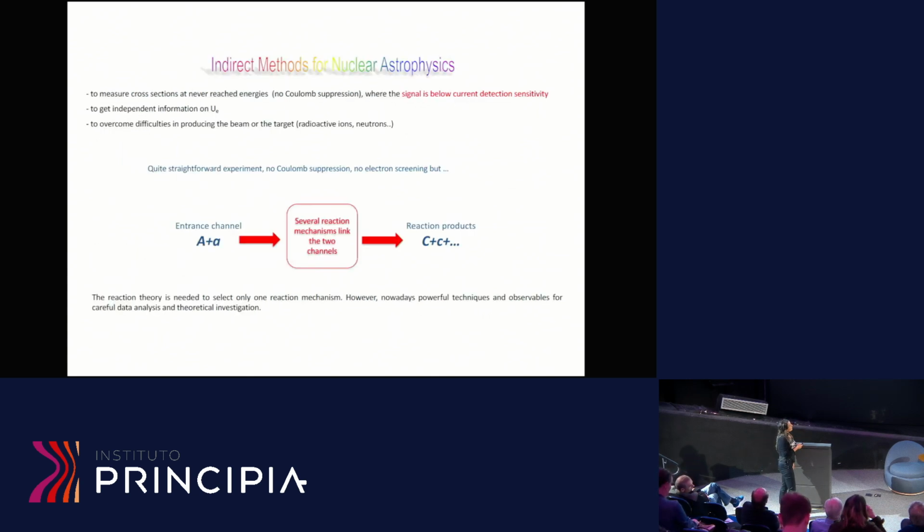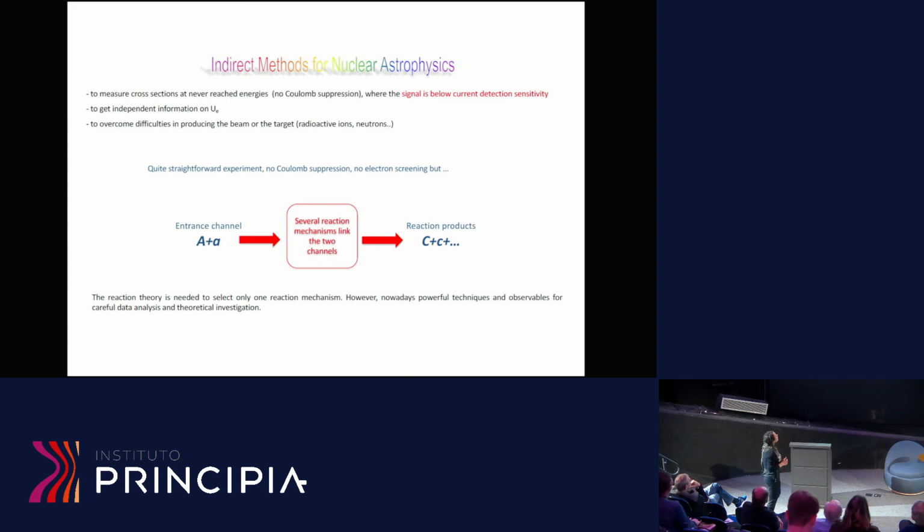So that's why people started also to think about other techniques, and indirect methods were introduced in this field. Essentially, indirect methods allow us to measure cross sections at never reached energies, so really to go down into this challenging region.